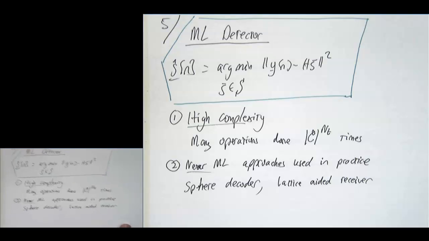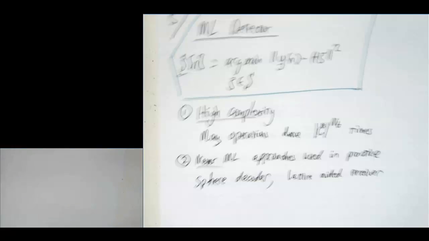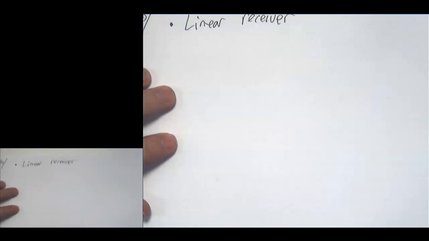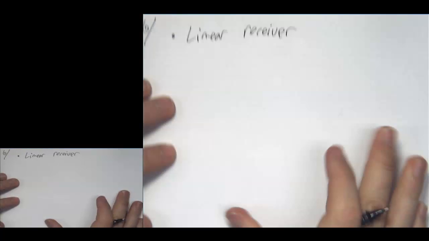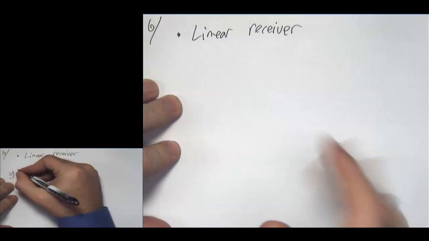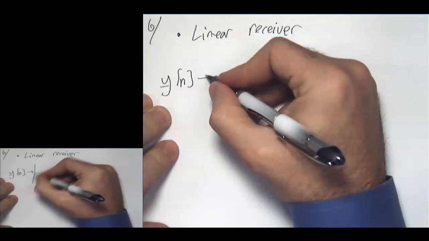Okay, because of this high complexity, we want to find an alternative receiver structure. An alternative receiver is a linear receiver. The linear receiver is a general class of receivers that operate something like this. They take the y of n into some block.